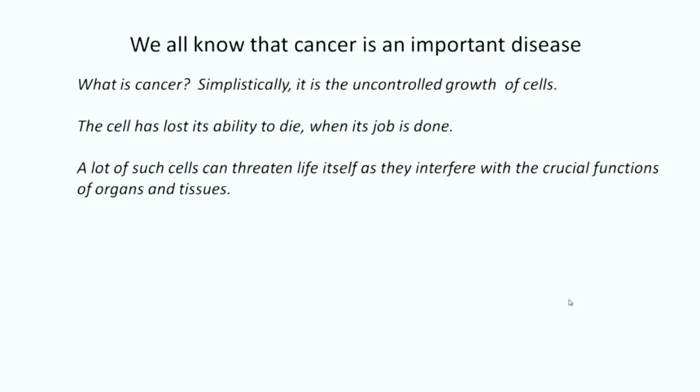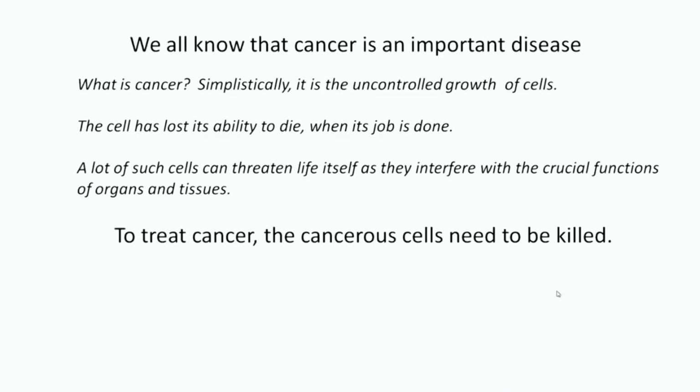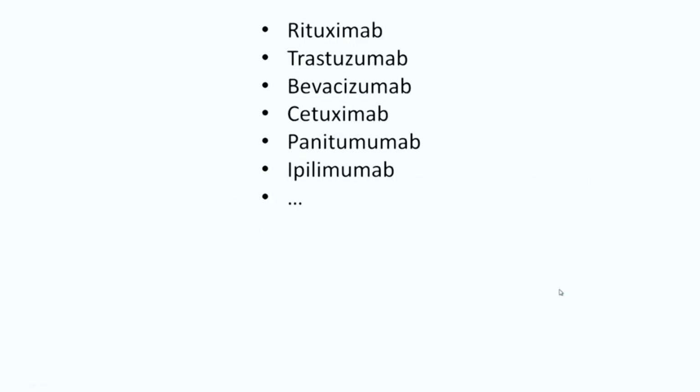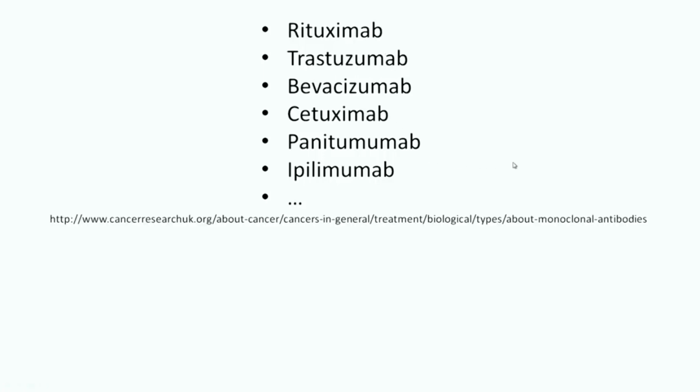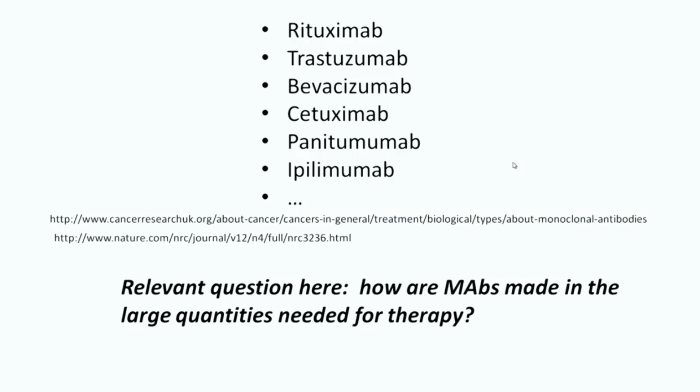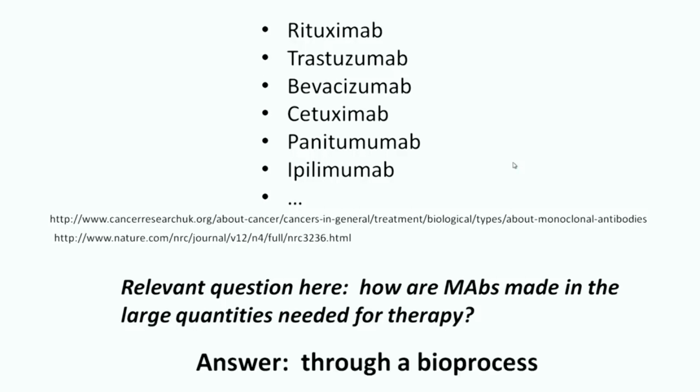We looked at what cancer was and how cancer is treated allopathically, and then we said that monoclonal antibodies are used to target the drugs that kill cancerous cells more directly to the cancer cells. These monoclonal antibodies, when required in large amounts, are produced through bioreactors or bioprocesses, and that is how we started.